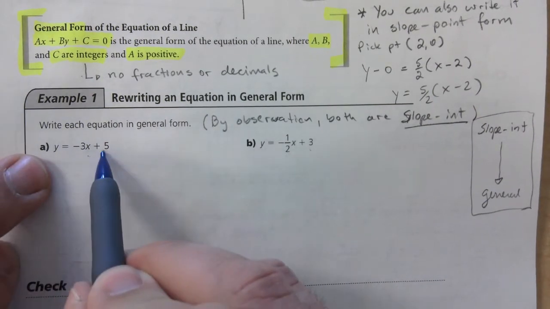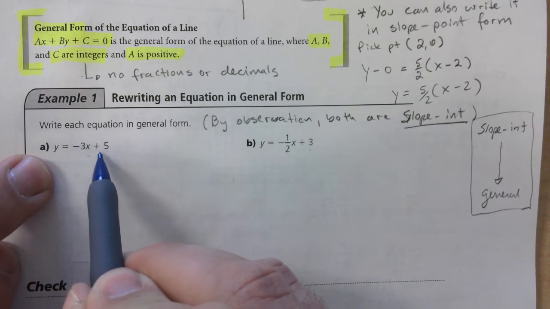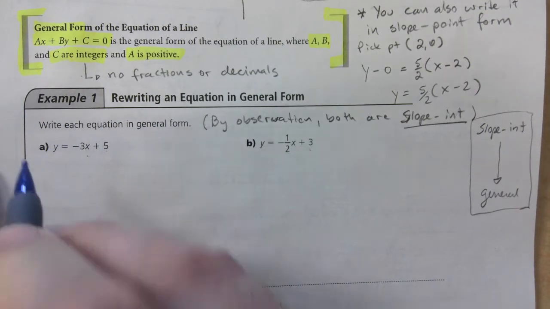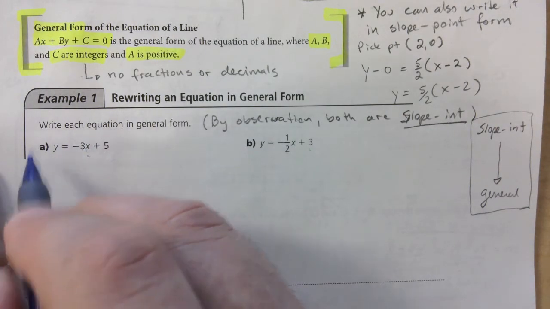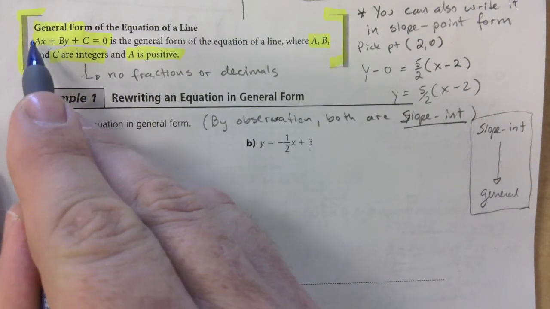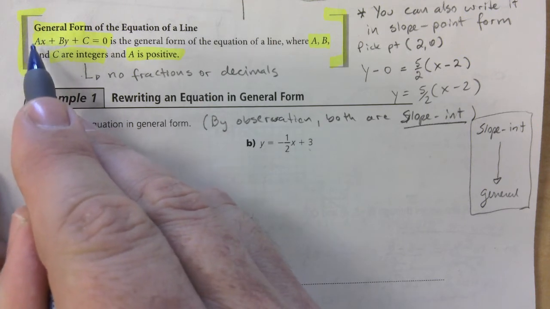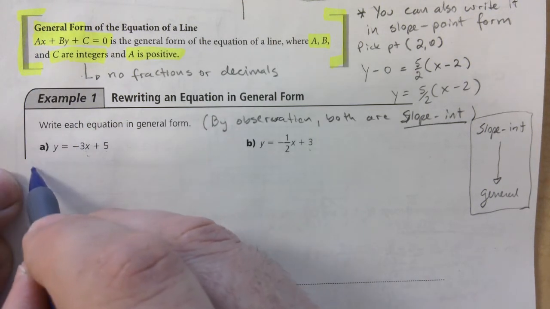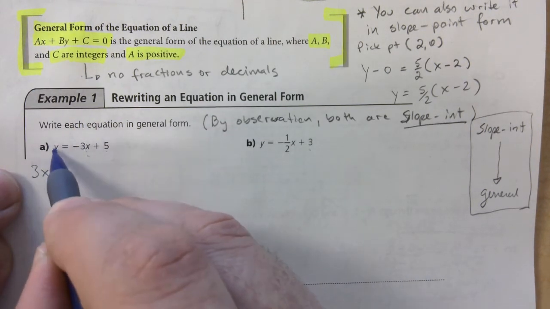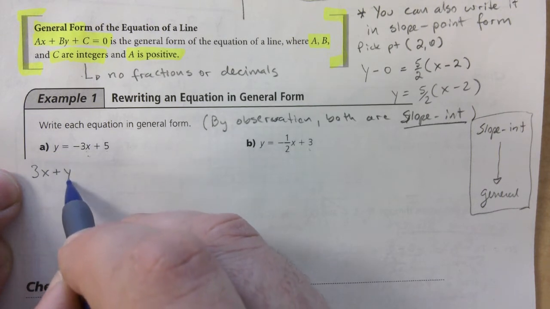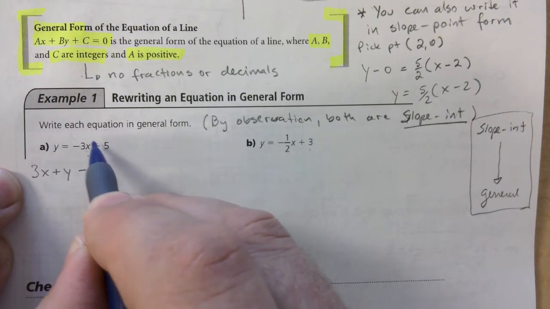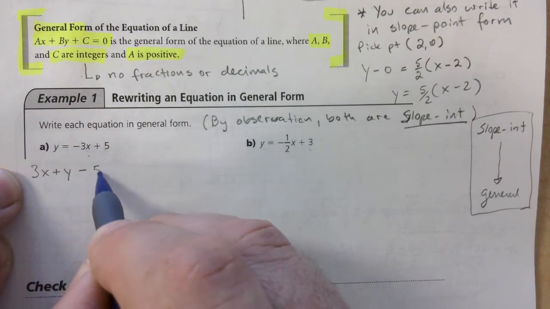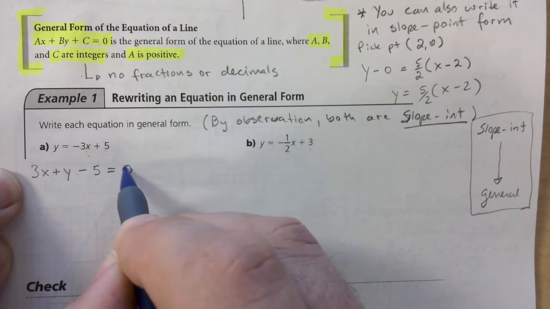So just from this, we want to bring basically everything over to the left side. So the 3x comes over, and notice that the x is always leading the way. That's what we want up front. So it's 3x plus y, because y is already there, no sign change, minus 5, because the 5 comes over subtracting, is equal to 0.